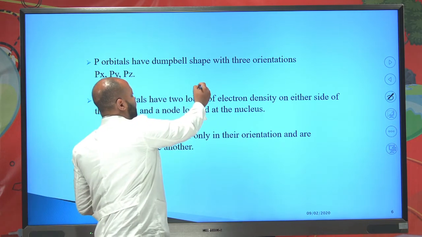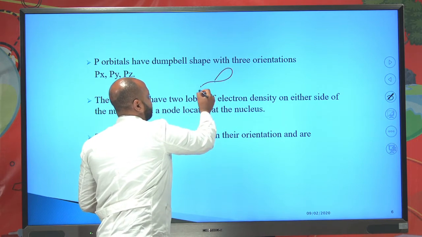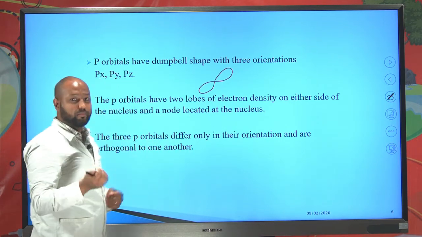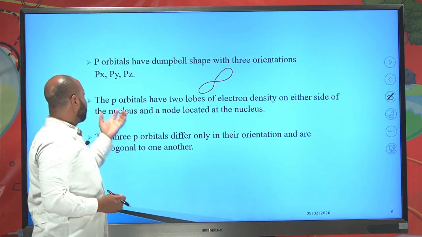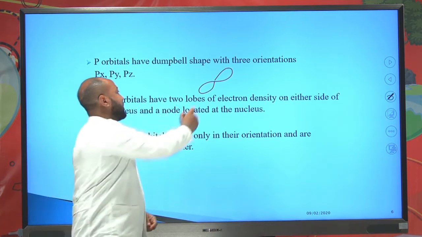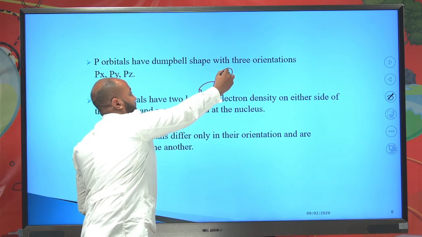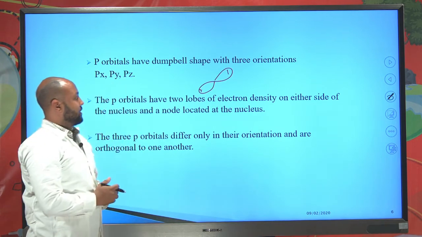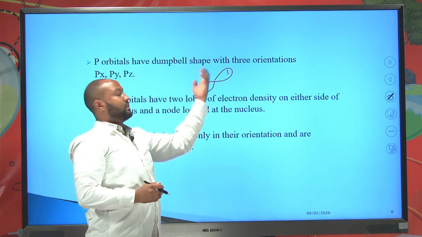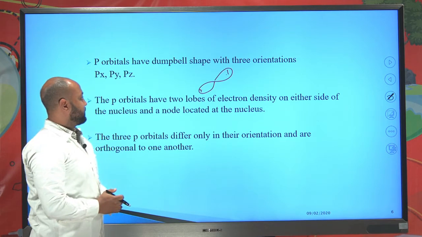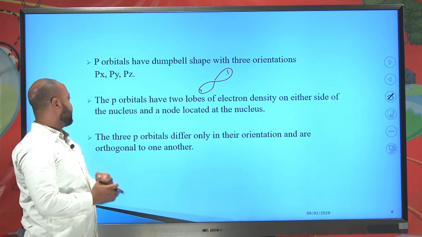These p orbitals have 2 lobes, one lobe here and the other lobe here, so the electron will be found around these lobes on either side.